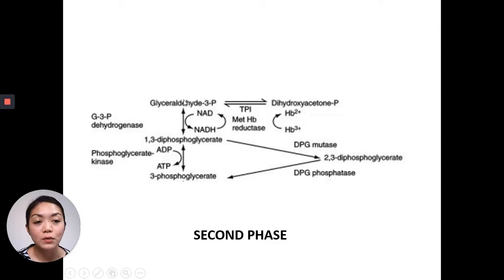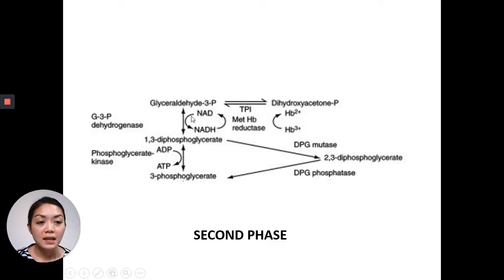So overall, there are two G3P that enter the second phase. Hydrogen is removed, so it is dehydrogenated by G3PD to form 1,3-DPG. And then another enzyme acting is phosphoglycerate kinase to convert 1,3-BPG to 3-phosphoglycerate, forming 2 ATP molecules, because this is done for each G3P.